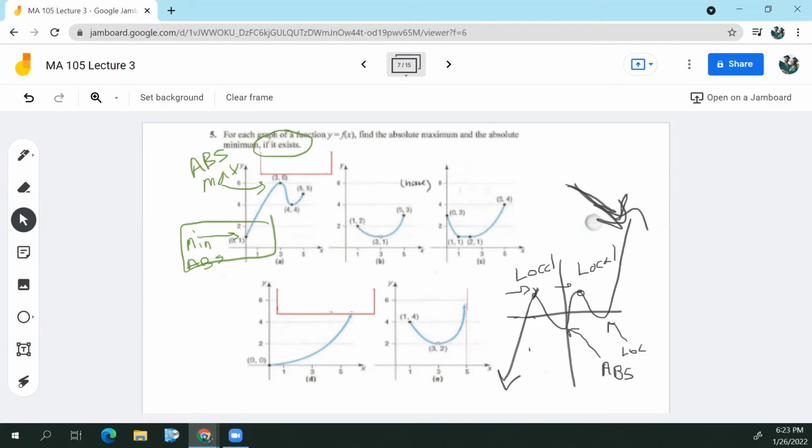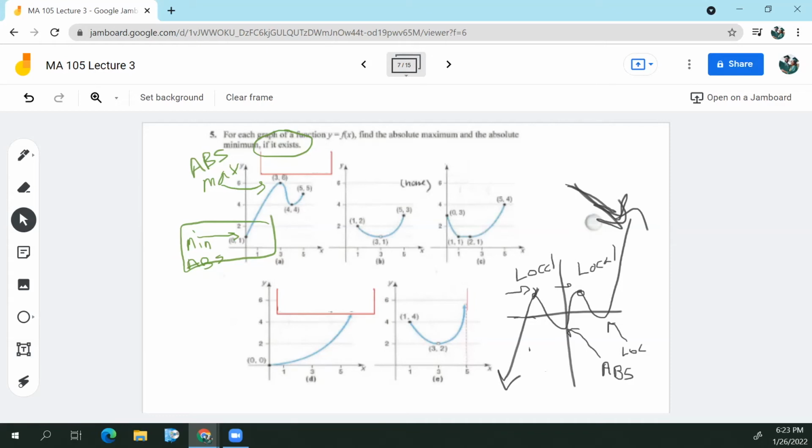All right. So let's take a look at B. What is the value? Listen to this question, because it could be asked in several different ways. Listen to how I'm phrasing it. What is the value of the absolute minimum? What is the value for B of the absolute minimum?